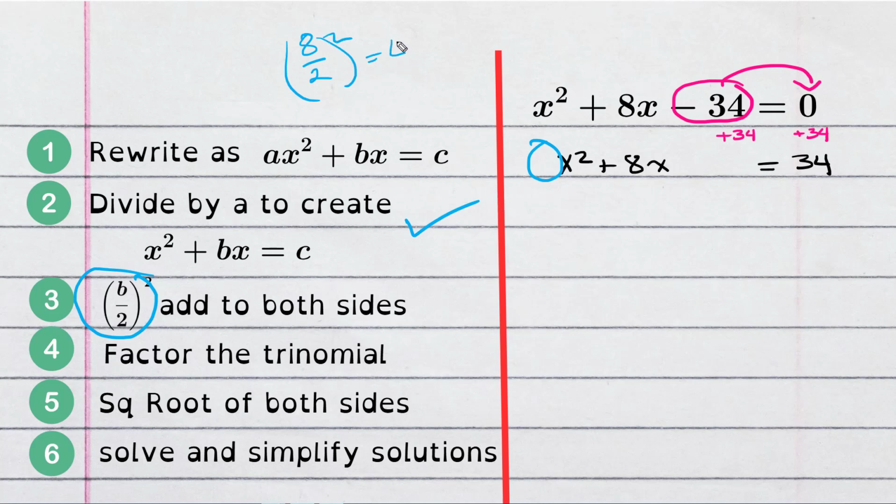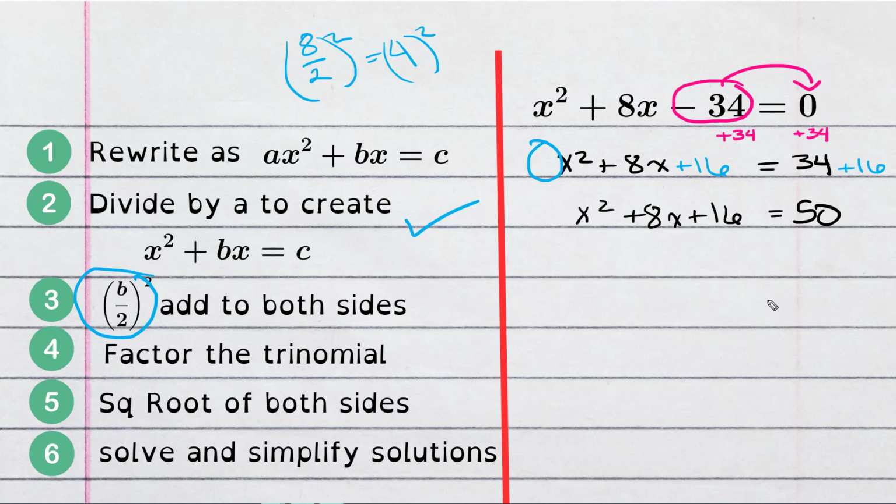So that's 4 squared. We're going to add 16 to both sides. And so we have x squared plus 8x plus 16 on the left-hand side and a positive 50 on the right.